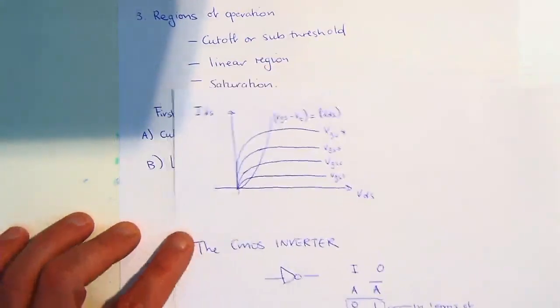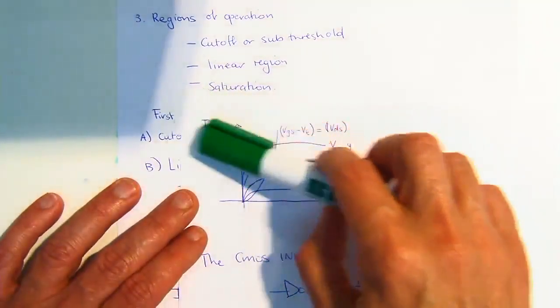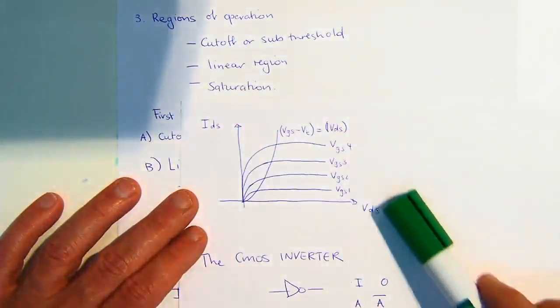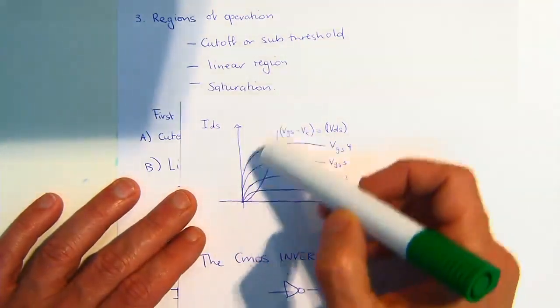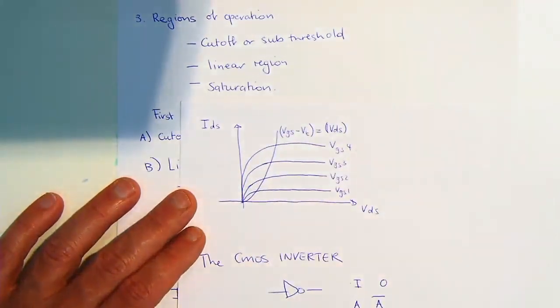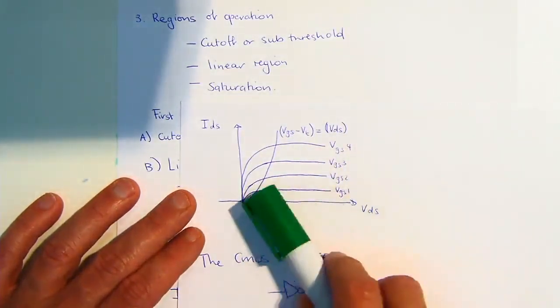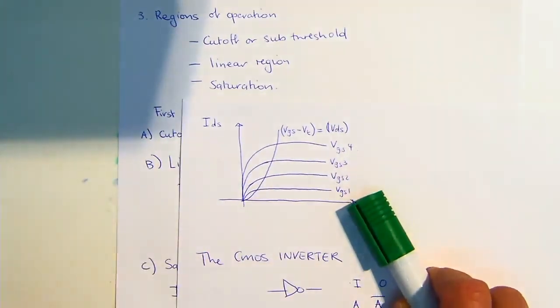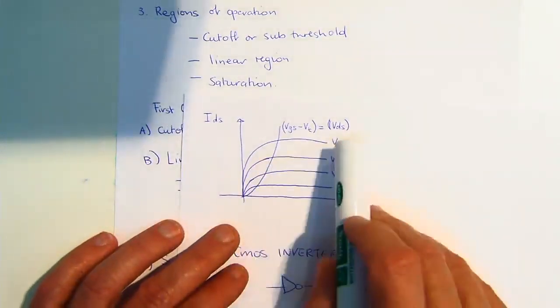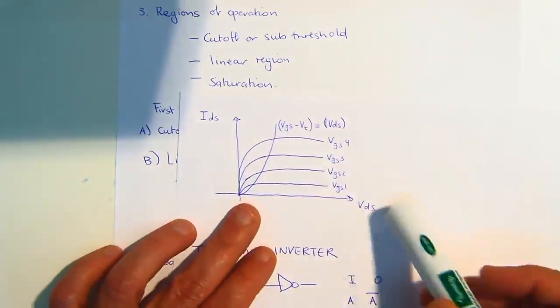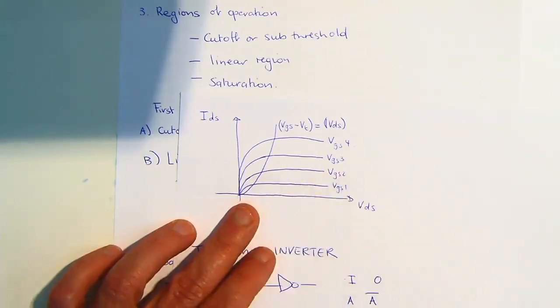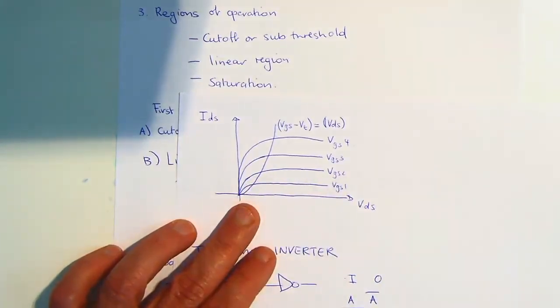And we'll show some graphs. You've probably seen these graphs where you draw drain to source current versus VDS. Above a certain region of VDS, irrespective of what VDS is, provided VDS is greater than VGS minus VT, the output current is independent of VDS. That's essentially that you're in saturation.